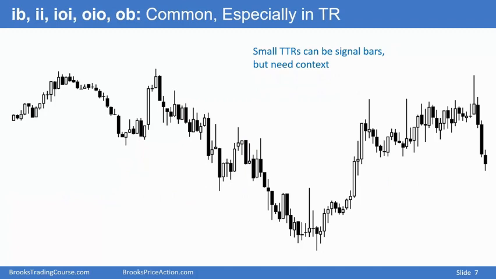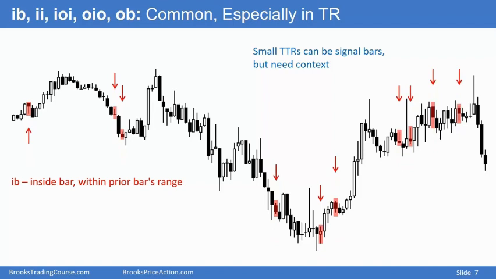You need context. These small signal bars, these small tight trading range patterns, are very common in trading ranges, and they do not have any meaning. But if the context is right, they can lead to a swing up or down. Inside bar, inside the prior bar's range. Here are several inside bars on this chart. II, consecutive inside bars.